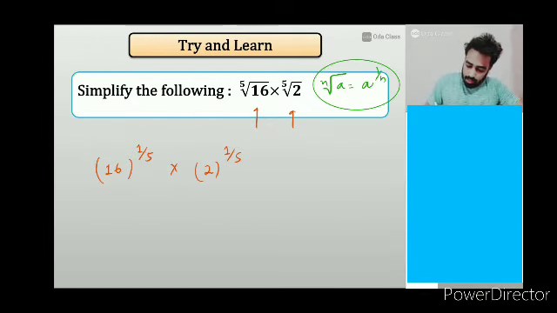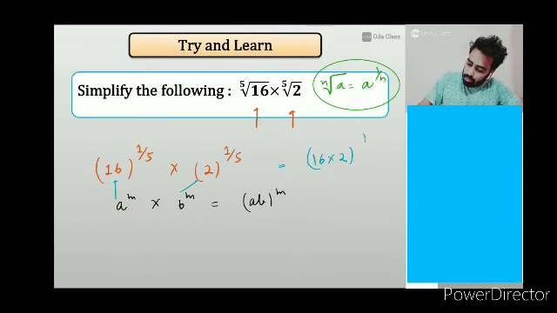ठीक है. Now if you carefully see here, I have a power m into b power m, so I can write it as ab power m, where a is 16, b is 2. कर देते हैं 16 into 2 power 1 by 5. That will give me 32 power 1 by 5.